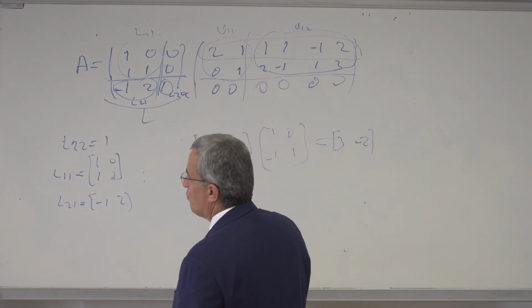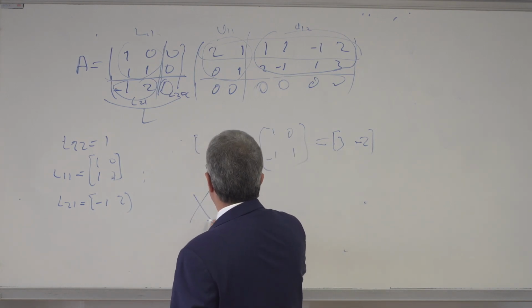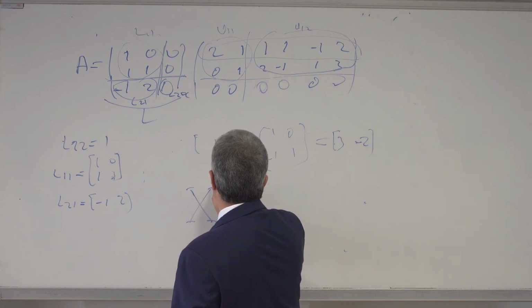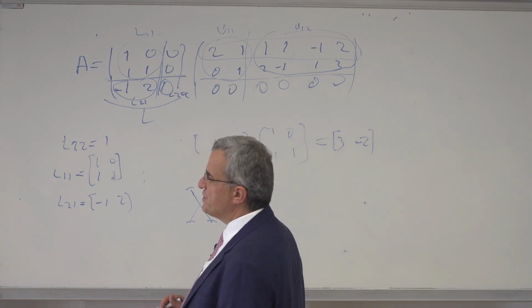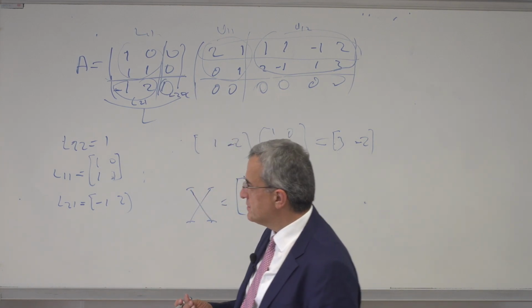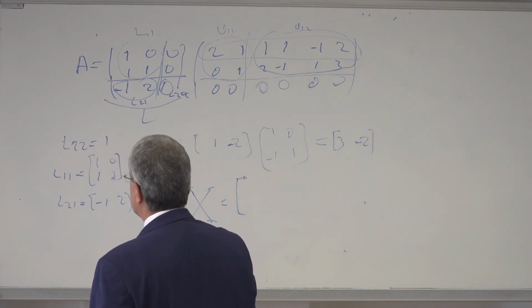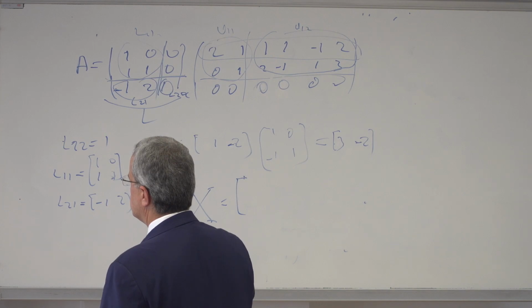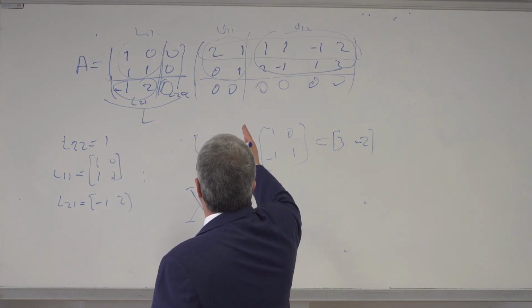And what is my X, big X transpose now? By the way, how many vectors do I have? So the rank here is 2, right?